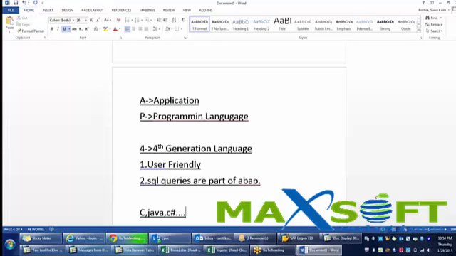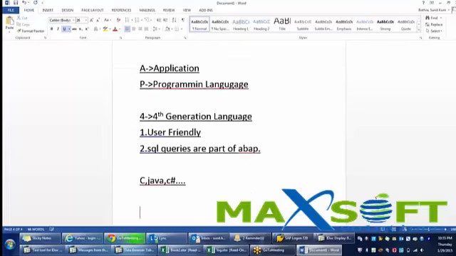You have to go for other SQL languages like Oracle 9i, 11i, and SQL Server. They have their own dedicated SQL commands which you have to use to hit the database. Is it clear? These are the two major reasons due to which it is called a fourth generation language.